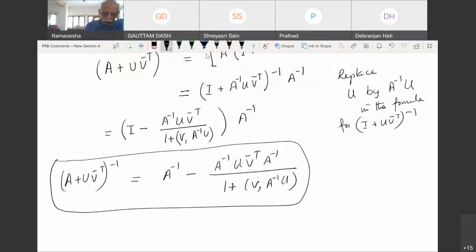Okay, and this is known as Sherman-Morrison formula. Or Woodbury formula.